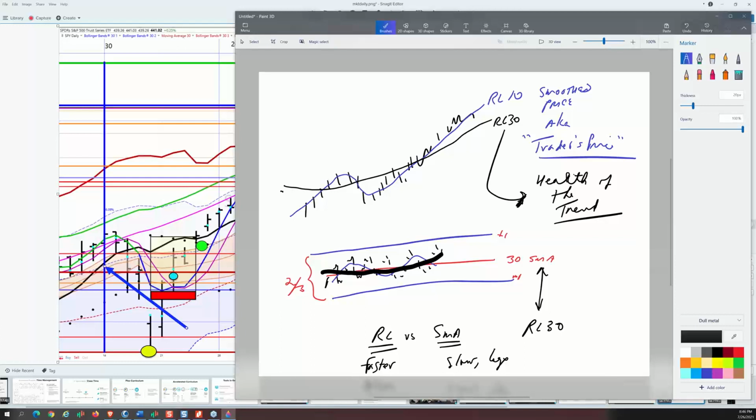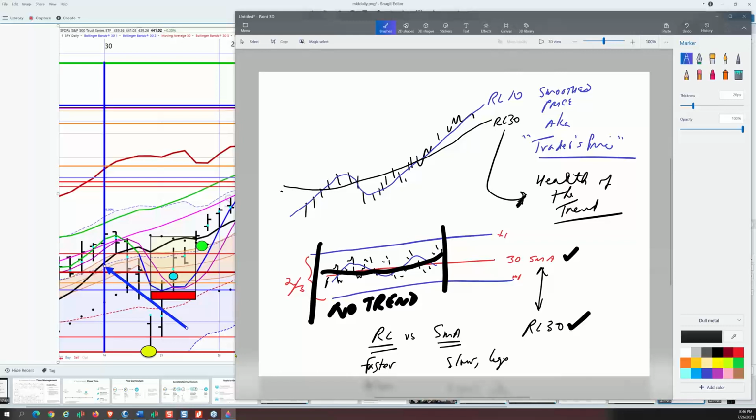So when things are sideways and choppy and there's no real follow through in one direction or the other, in other words, when there is no trend, then the 30 simple moving average and the RL30 are very close to each other.